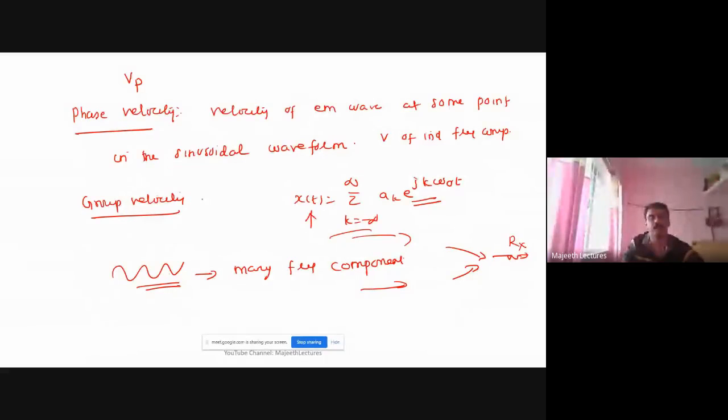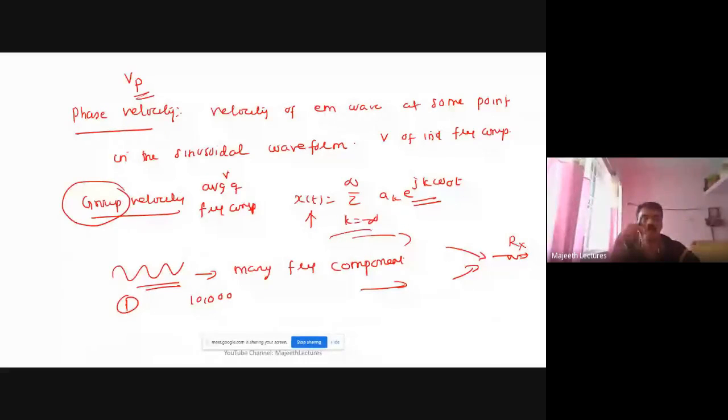Suppose let us assume this wave has some 10,000 frequency components. The velocity of an individual wave is the phase velocity. If you add and find the average of the velocities of the individual components, that will give the group velocity. That's what the name group is: the average velocity of the frequency components, right?